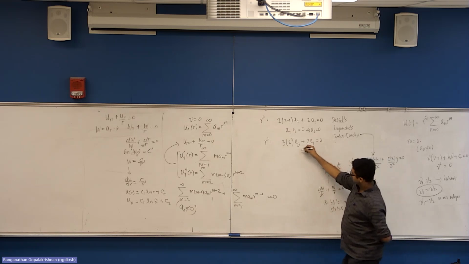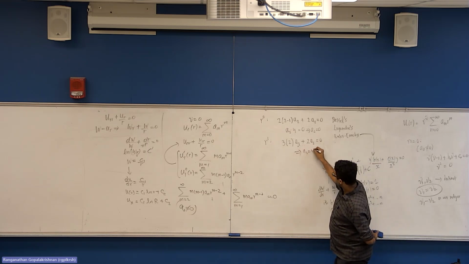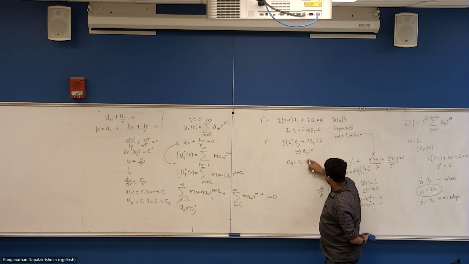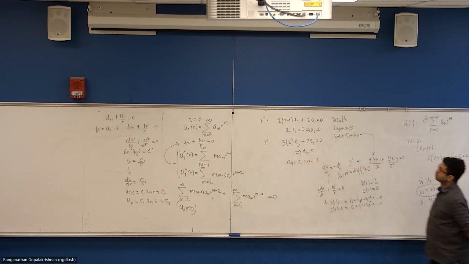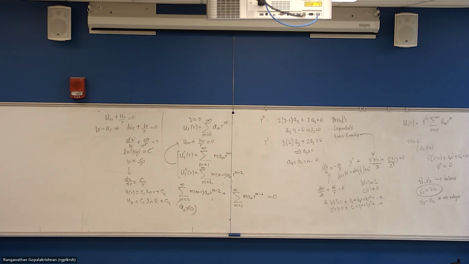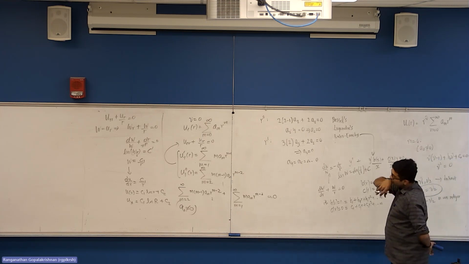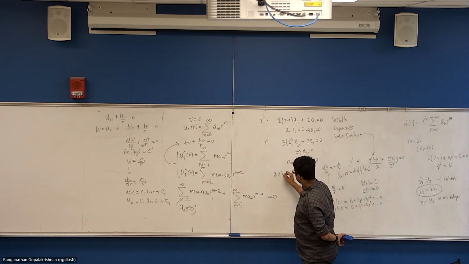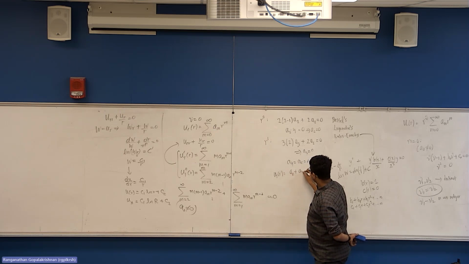Since a_2 is 0, obviously a_3 also has to be 0, which means successive values are all 0. What about a naught and a_1? So u_1 of r is a naught plus a_1 r.